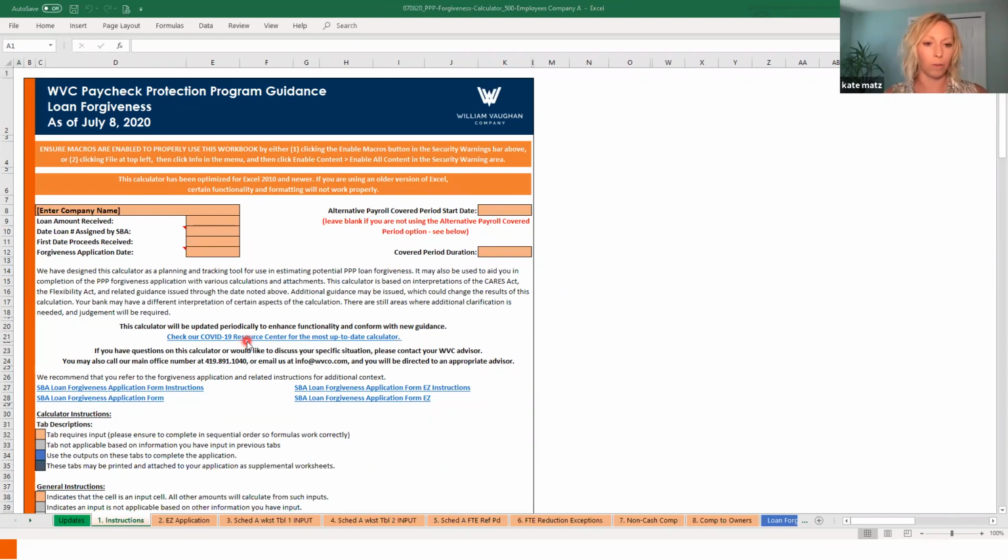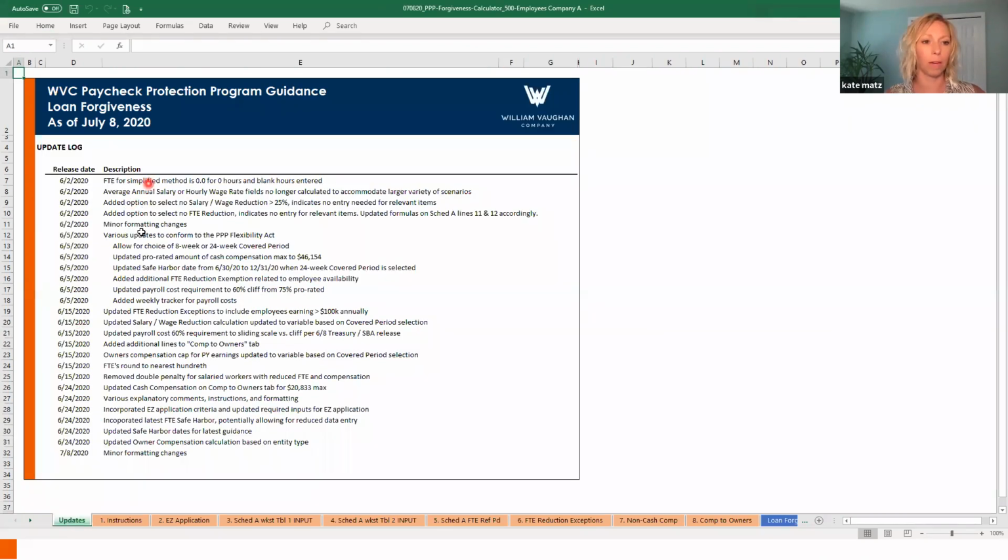A couple of notes on just how this is set up before we get into our Company A example. The first tab, we do list all of our updates. So each of our release dates, we make some notes here on the key things that we have changed. This way you're able to look and see based on the most recent version that you have, what has changed since then.